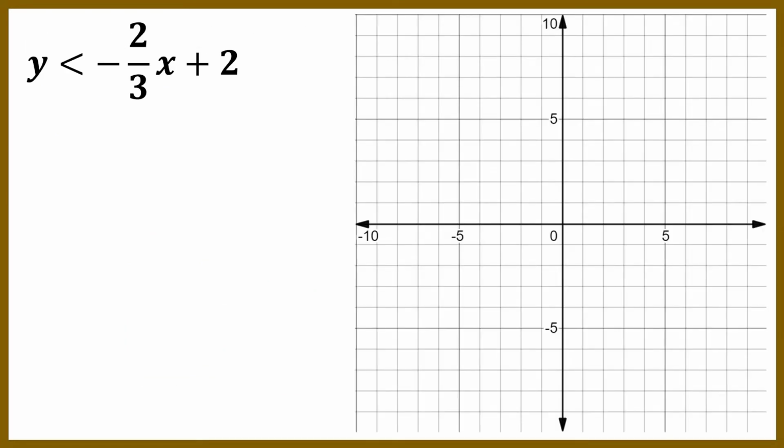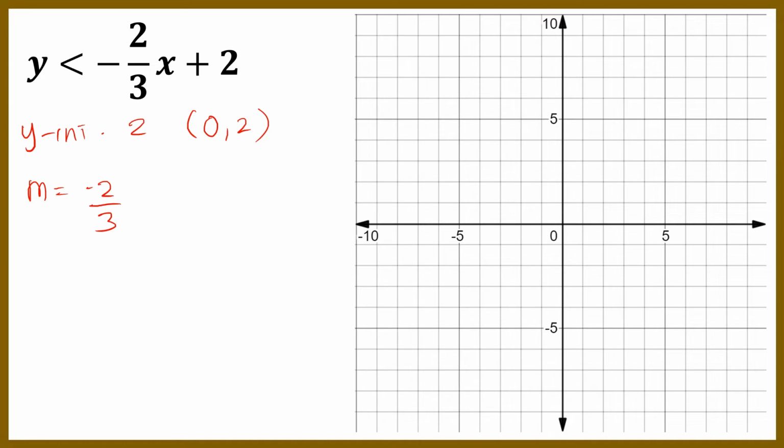Now let's graph y ≤ −2/3 x + 2. So ang ating y-intercept ay positive 2. So therefore ang kanyang ordered pair ay (0, 2). Ang slope natin is −2/3, indicating that the movement of our point from (0, 2) is negative 2, or 2 movements downward, and positive 3 movements to the right side.